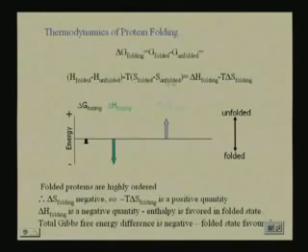If we consider now the form of delta H folding minus T delta S folding, we can also open these up into the initial and final components. So the delta H folding is going to be H final, that is H folded, minus H initial, that is H unfolded. Similarly for delta S, we can have S folded minus S unfolded.